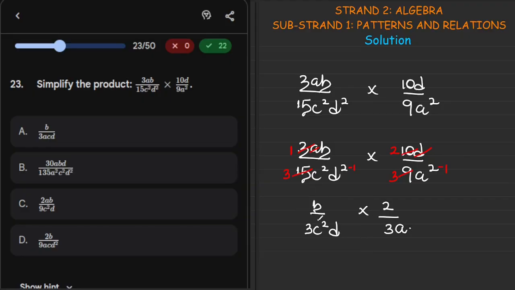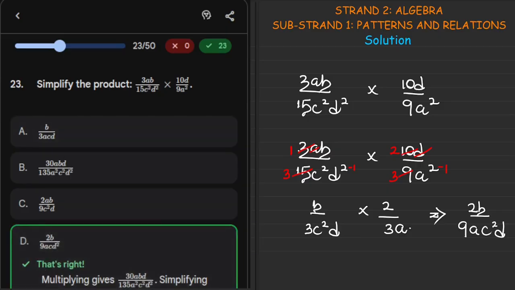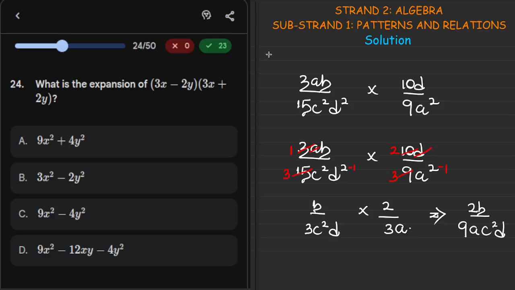So we have 2 times b, which gives us 2b. Then all over 3 times 3 gives us a 9. Then we have c squared d. Very simple, right? And that is our D. You see, we choose to cancel out everything before multiplying. Question number 24.